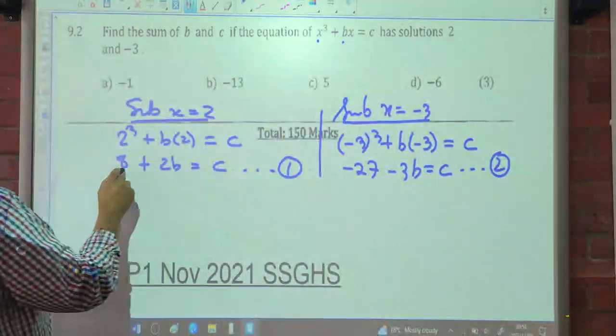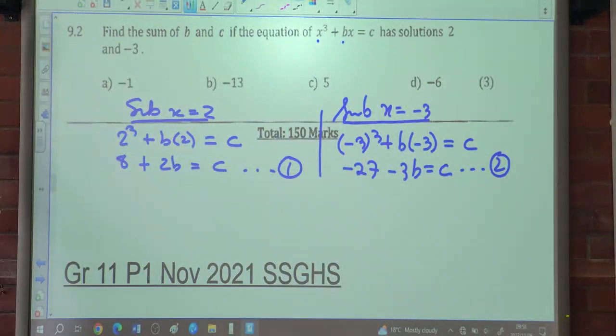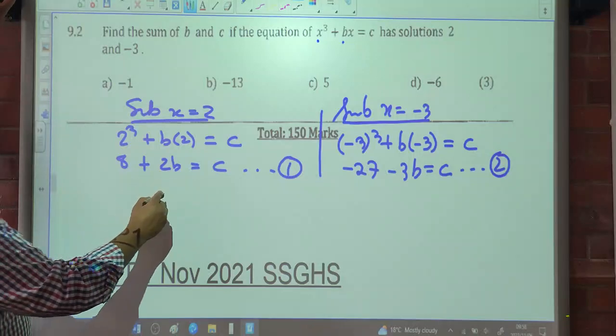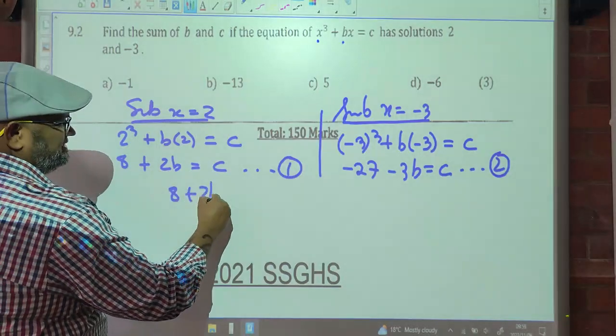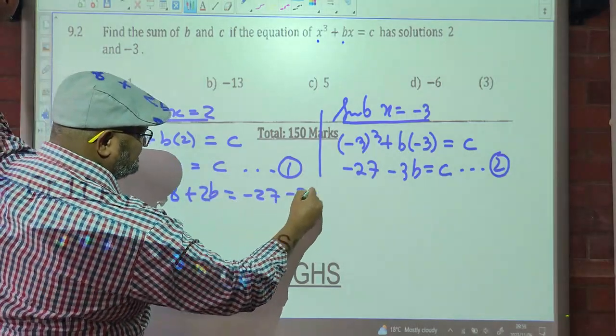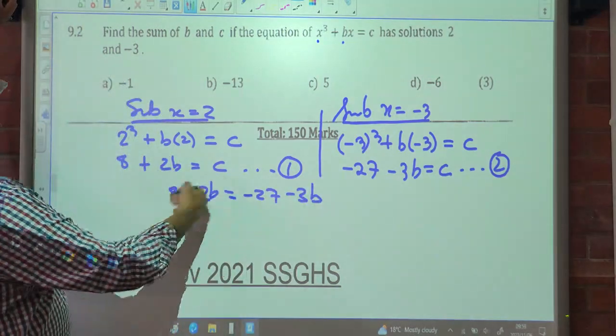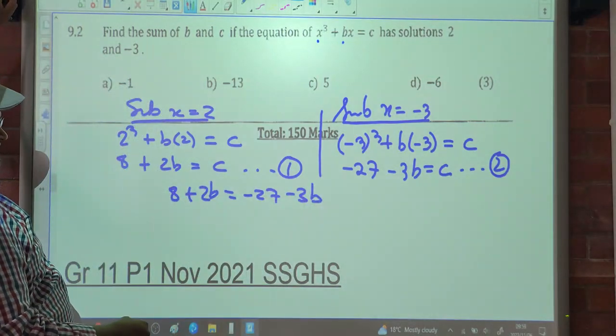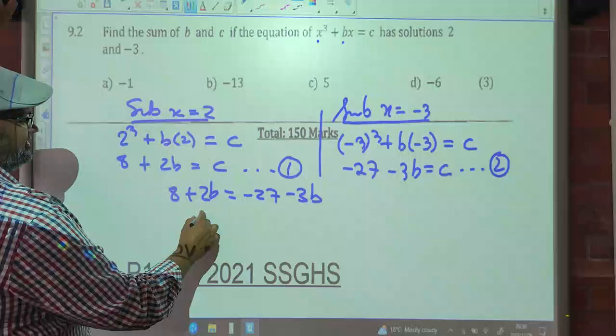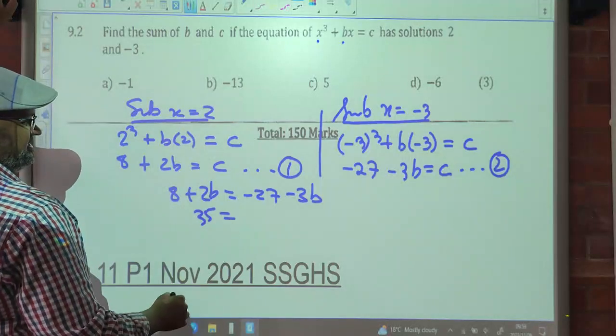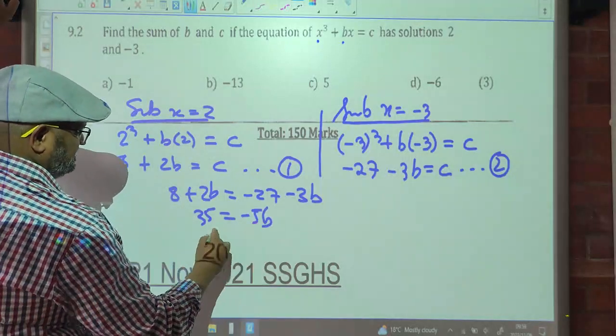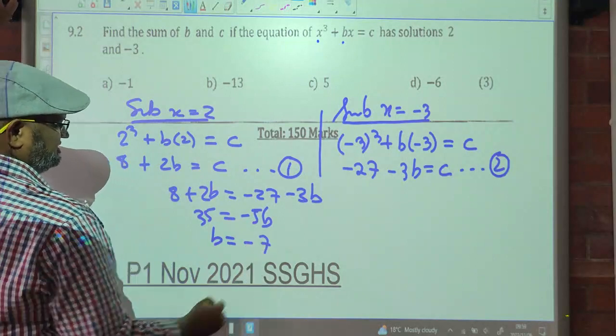As you can see, c is equal to 8 plus 2b and c is equal to negative 27 minus 3b, so I can equate these two. So 8 plus 2b is equal to negative 27 minus 3b. Take it over, it's going to give you 35 is equal to minus 5b. So b is negative 7.